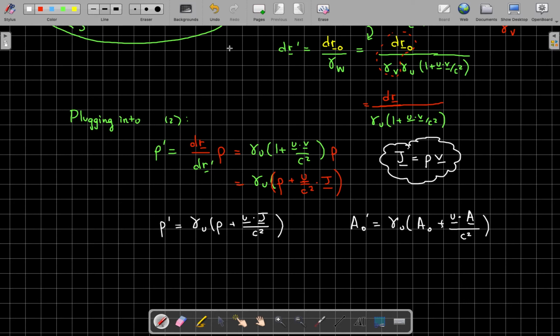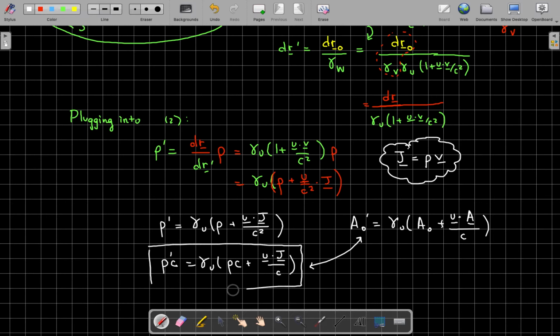Now, the reason I don't have that problem here is because it turns out that the actual zeroth component of our 4-vector is not rho, it's rho times c. So if I write it as such, I get rho c plus u dot J over c, which is indeed equivalent to this. So this is our relation, which is really hinting at the fact that the 4-current I've defined really is a 4-vector.